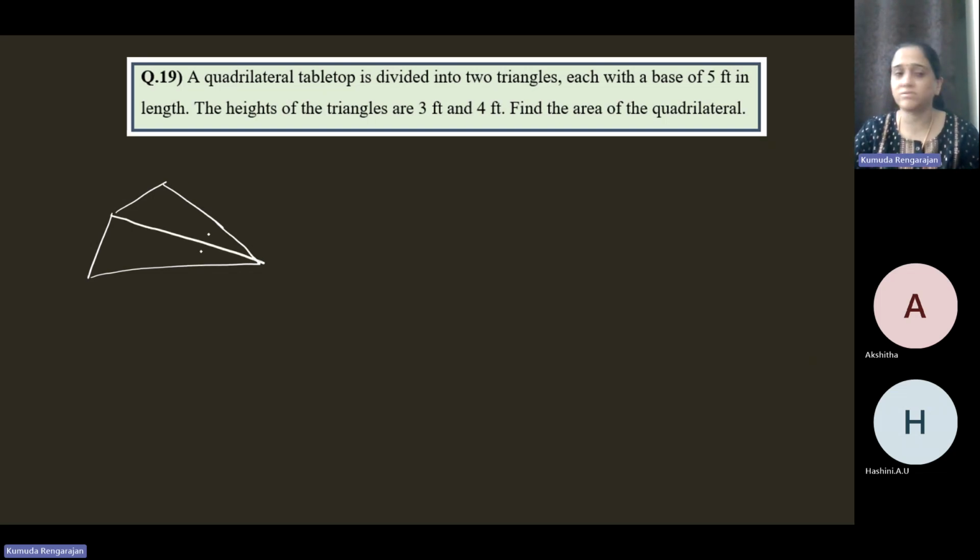That is the common base, which is 5 feet. The height of the triangle.